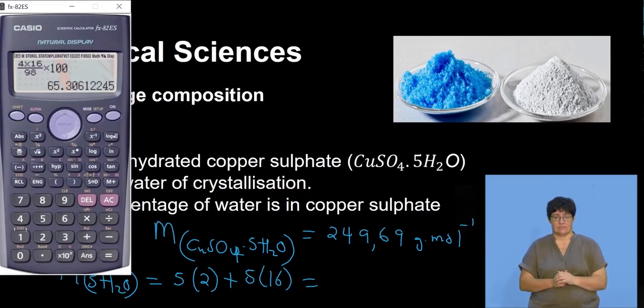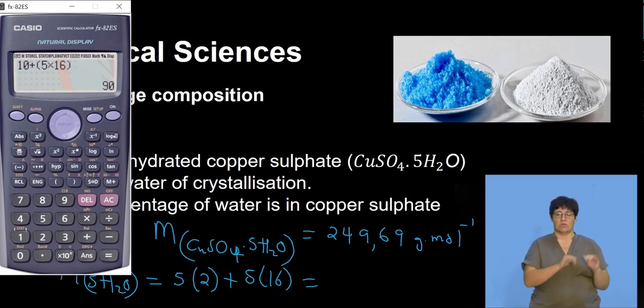This gives us 10 plus the product of 5 and 16. So this gives us 90. So of the molar mass 249.69, 90 grams per mole is actually the water of crystallization.